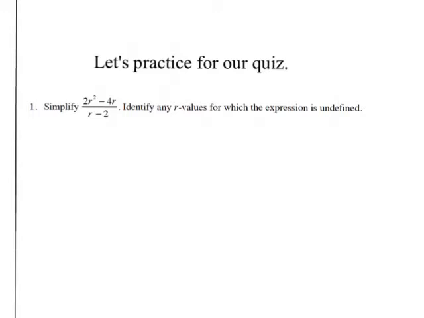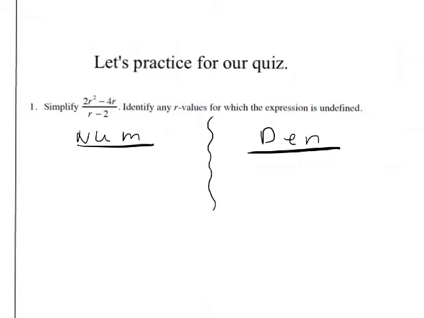Alright, going through this first question, the first thing I'm going to do is set up my little organizer like I showed you in class. We have my numerator here, my denominator here, and a little squiggly down the center to separate it, and I'm going to factor each one.